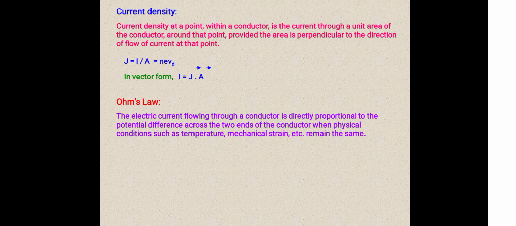This relationship is known as Ohm's law. Now we can say Ohm's law is: the current flowing through a conductor is directly proportional to the potential difference applied across its ends, provided the temperature and other physical conditions remain unchanged. So according to Ohm's law, V is proportional to I, or V equals IR.